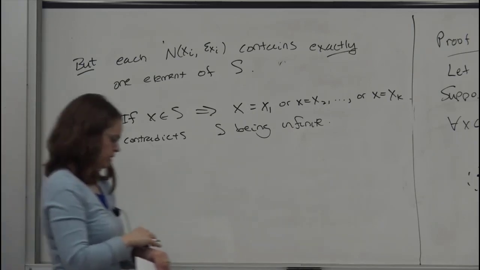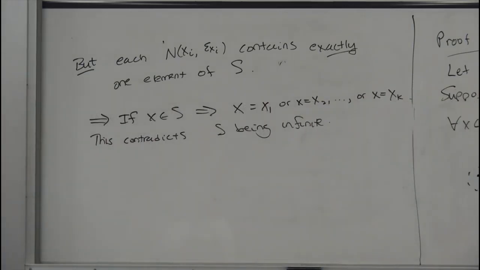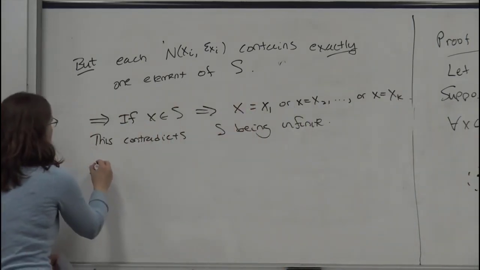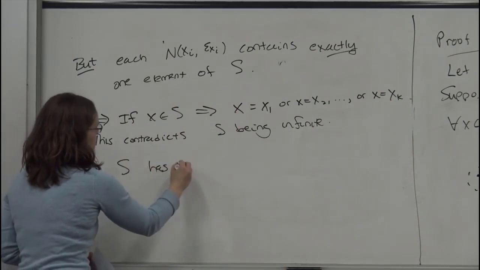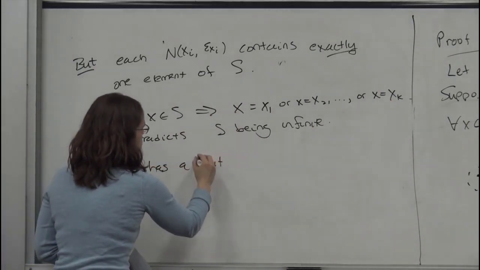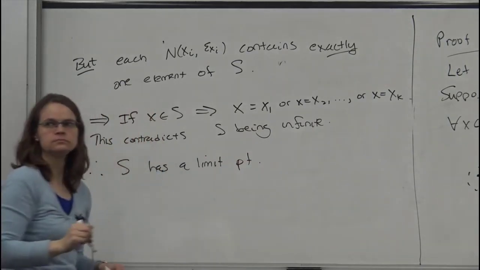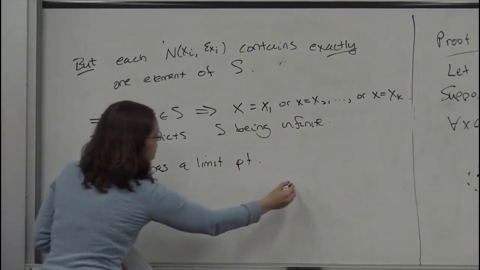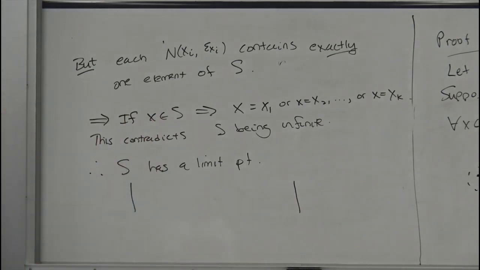So what did we do? We started with the assumption that S has no limit point, and we've seen that that leads us into absurdity. So it must be a bad assumption. We must be able to say that actually S does have a limit point. In other words, let's do 1D. If I start with a bounded interval and put infinitely many points in here, they can't leave.